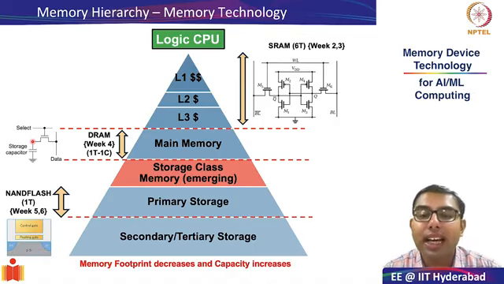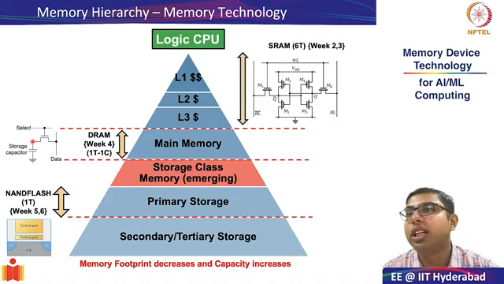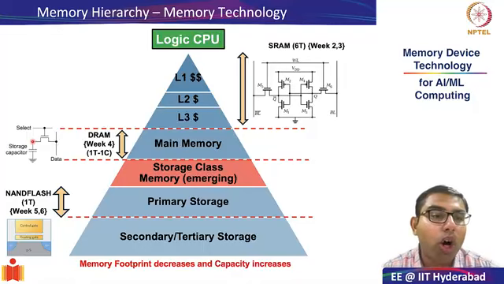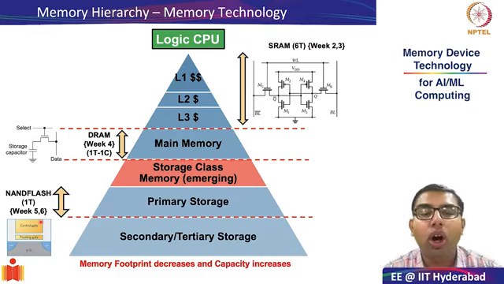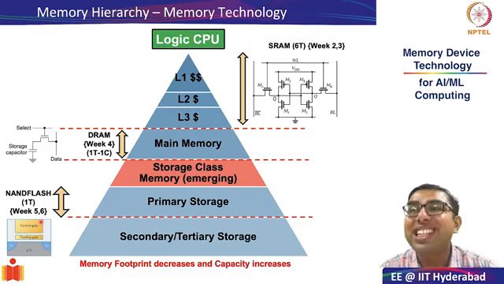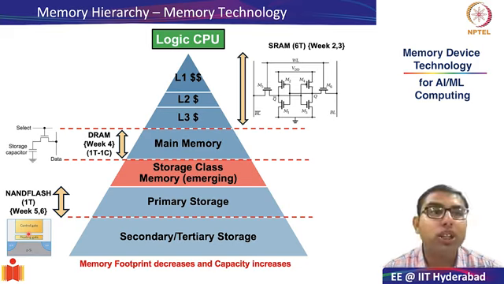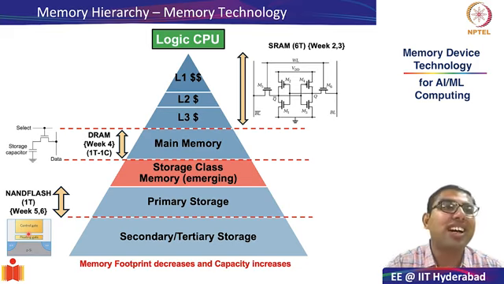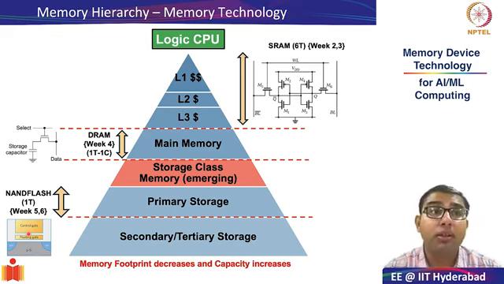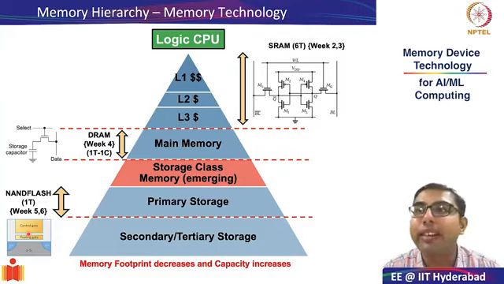Next, we want to discuss primary storage, and here the key storage element was the flash cell, and the flash cell consisted of essentially one transistor, albeit the gate stack of the transistor was modified so that you can store charges and remove charges, but this storage needs to be more or less permanent, at least up till 10 years.